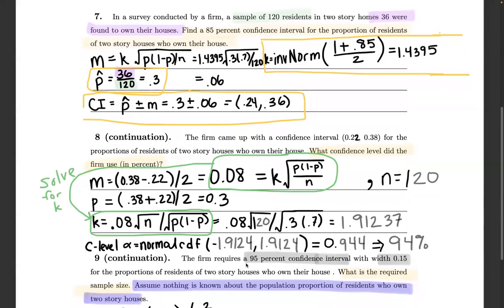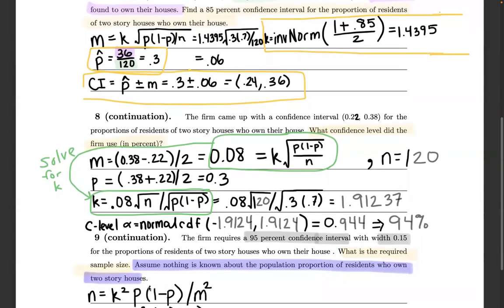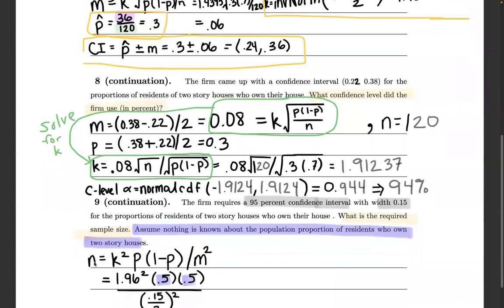So the firm requires a 95% confidence interval with width 0.15 for the proportion of residents of two-story houses who own their own house. What is the required sample size? And then assume nothing is known about the population proportion of residents who own two-story houses. So here we have our equation for solving for N, which equals K squared times P times 1 minus P divided by M squared.